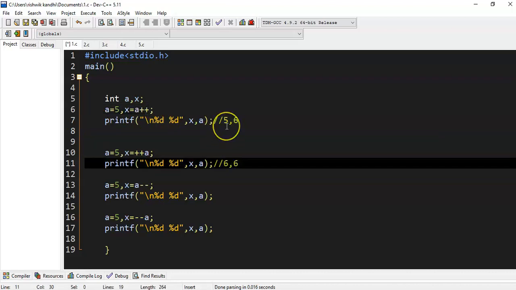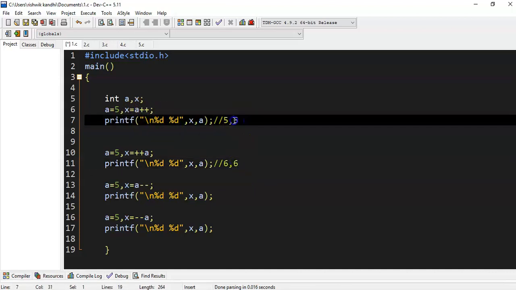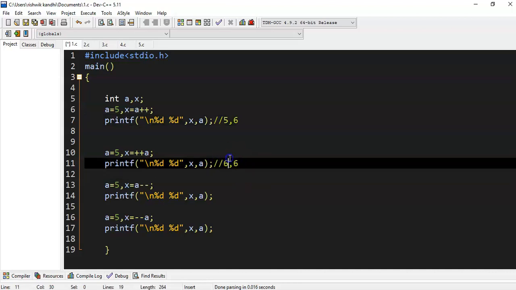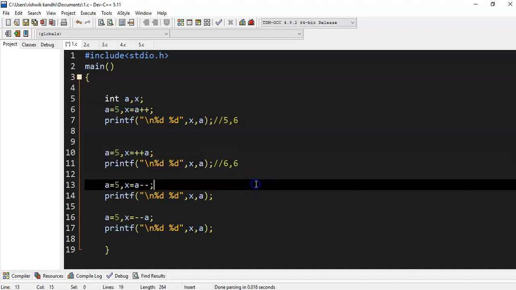The only difference is that in the case of pre or post, a value gets changed. That is, a value will be incremented, but a++ will return the original value of a, and ++a will return the incremented, changed value. Remember, a++ and ++a are different.